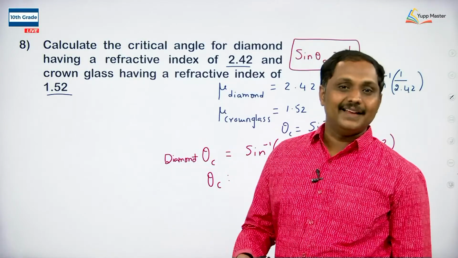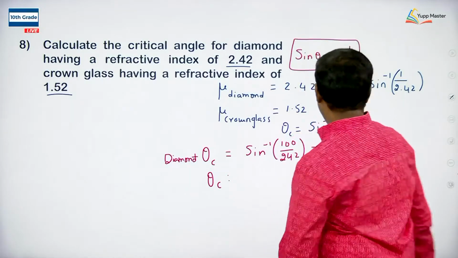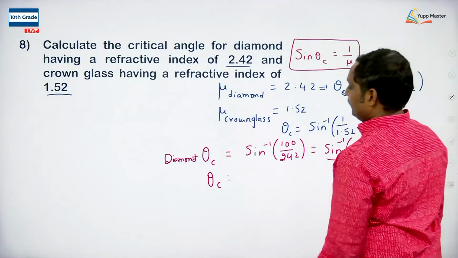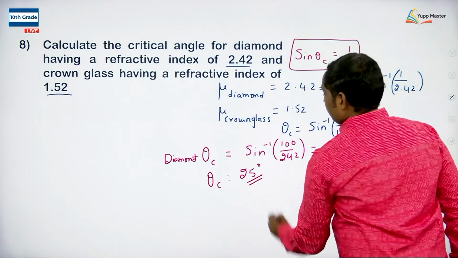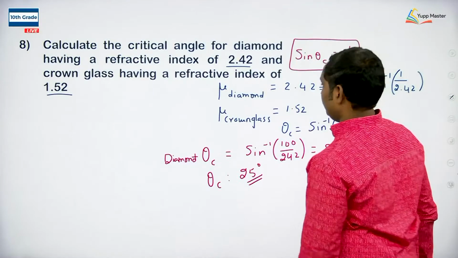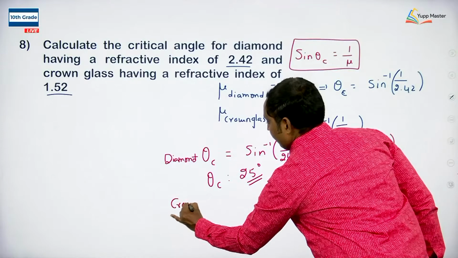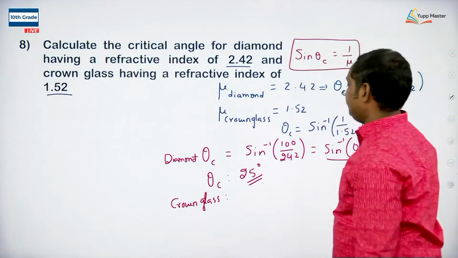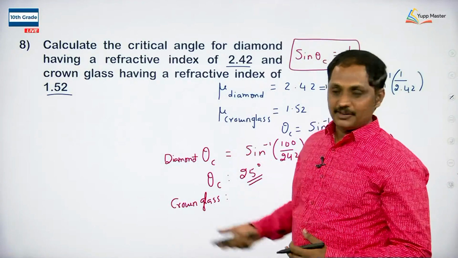So the angle is less than 30 degrees, theta c is approximately 25 degrees. Now, for crown glass, we can have some estimation.